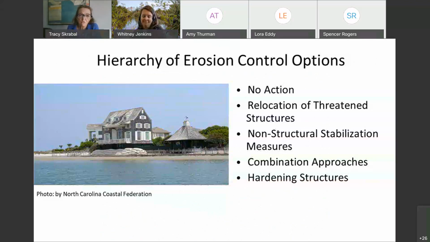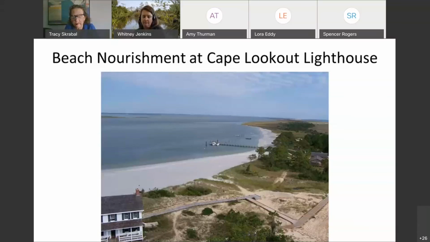So one of the options in that suite that I mentioned, which is, I would say, a very limited application, but I want to just throw it out there, is the addition of clean beach sand as a living shoreline approach. And again, very limited, particularly in residential settings.